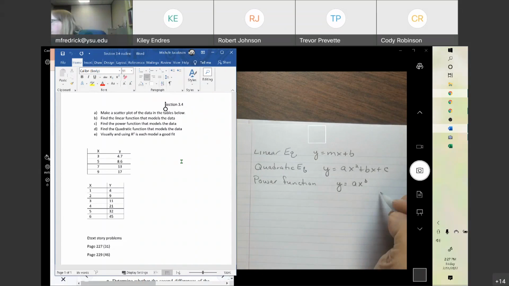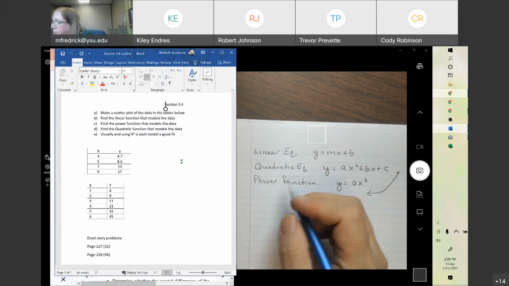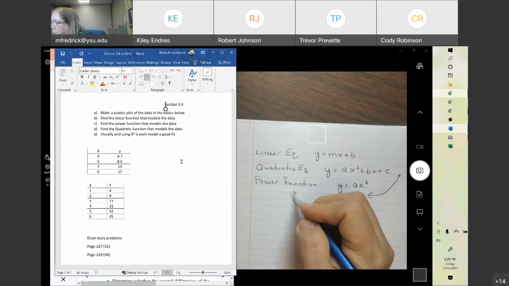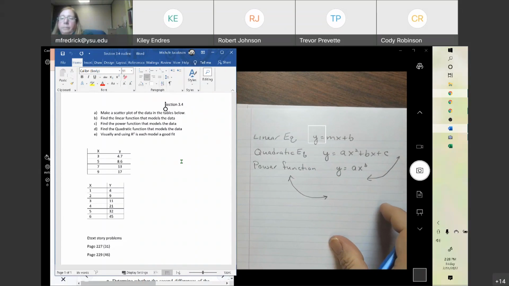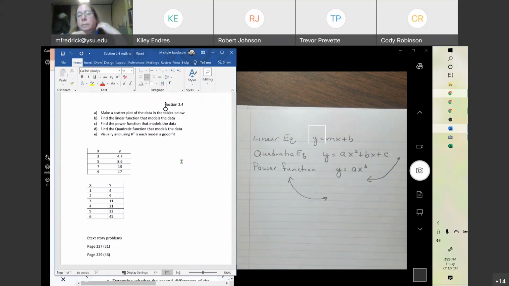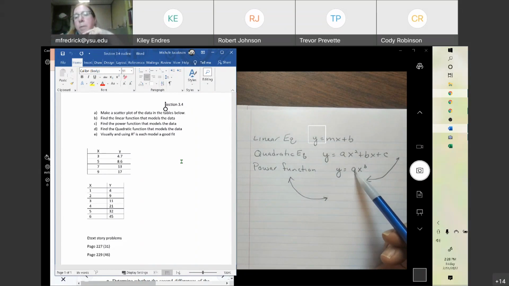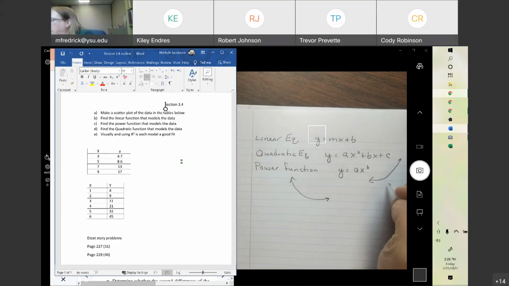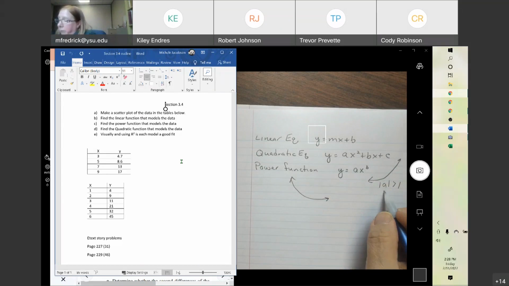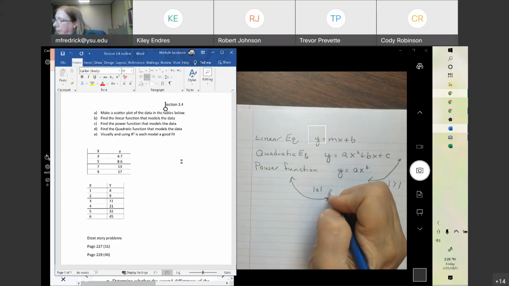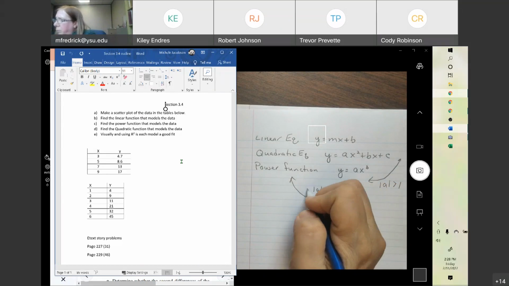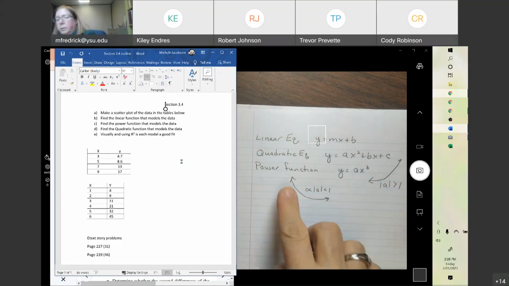What happens is it just grows really fast up or down. And so that's what this equation looks like. When A is greater than 1, it goes up really quick, the absolute value. When the absolute value of A is between 0 and 1, it goes down.